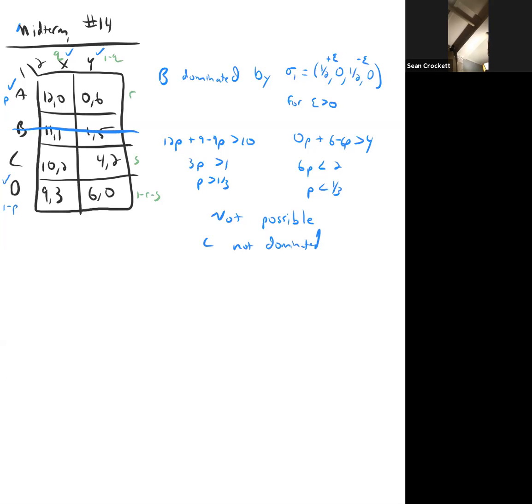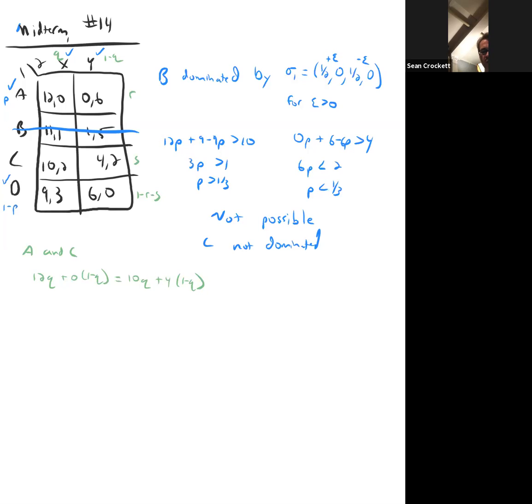To keep player 1 indifferent between A and C, we need that 12 times Q plus 0 times 1 minus Q is equal to 10 times Q plus 4 times 1 minus Q. If player 1 is going to mix between A and C, he has to be indifferent between them, so this must be true.